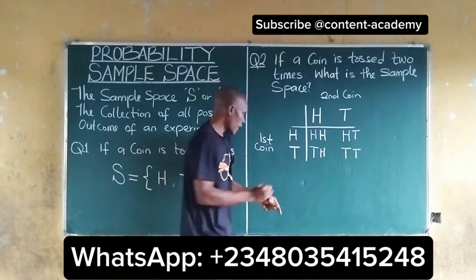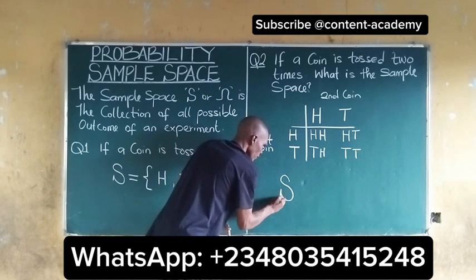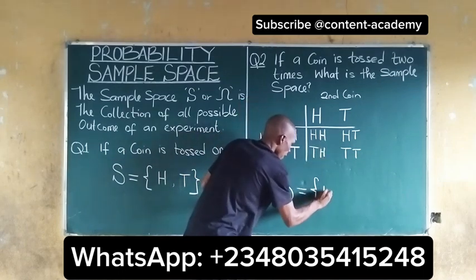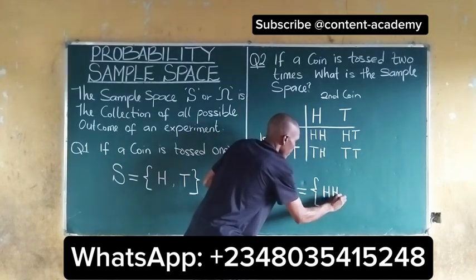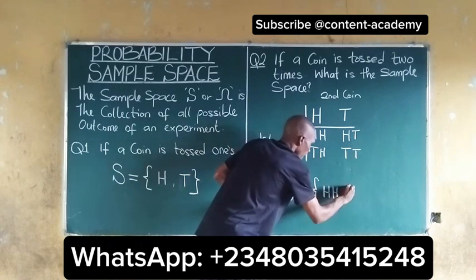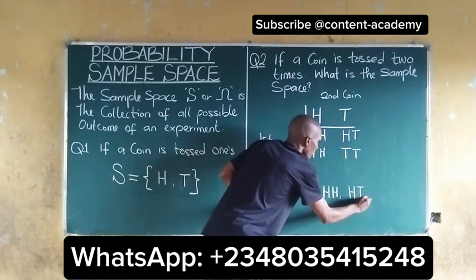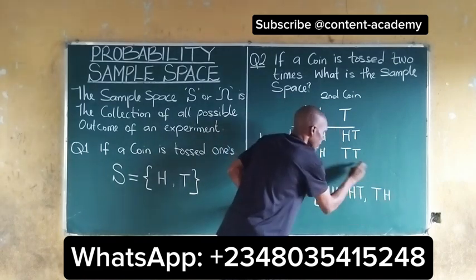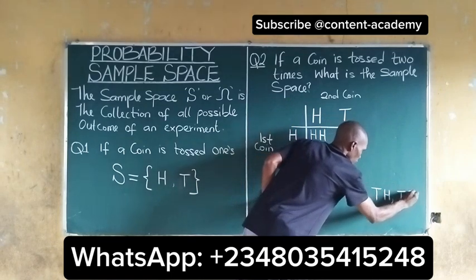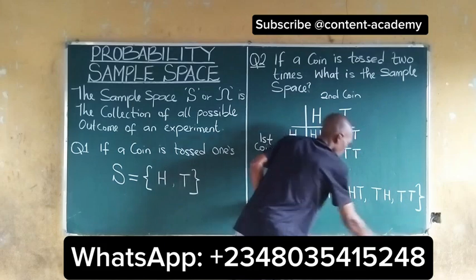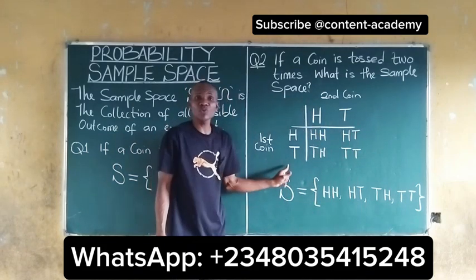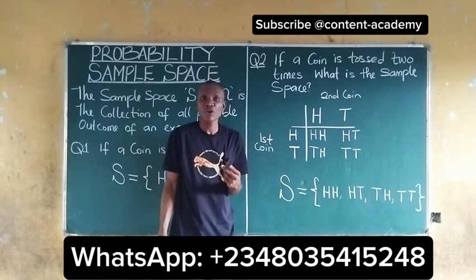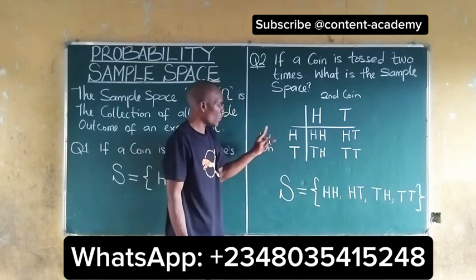So the sample space will now be equal to head, head, head, tail, tail, head, and tail, tail. This is what we get if we toss a coin 2 times or twice.